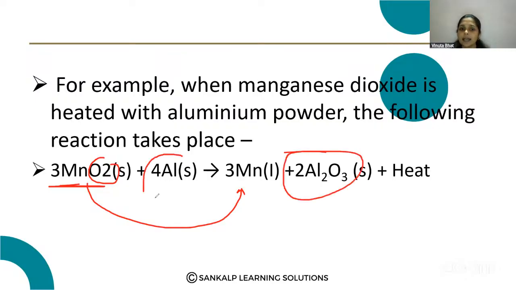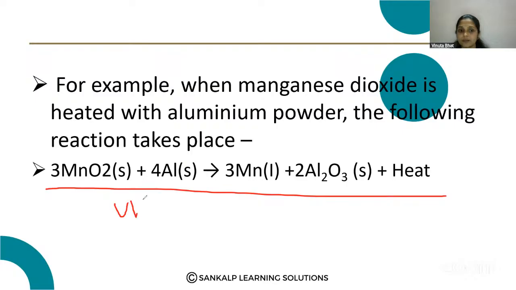So here highly reactive metals act as a reducing agent. This reaction is very important. Please practice this reaction.